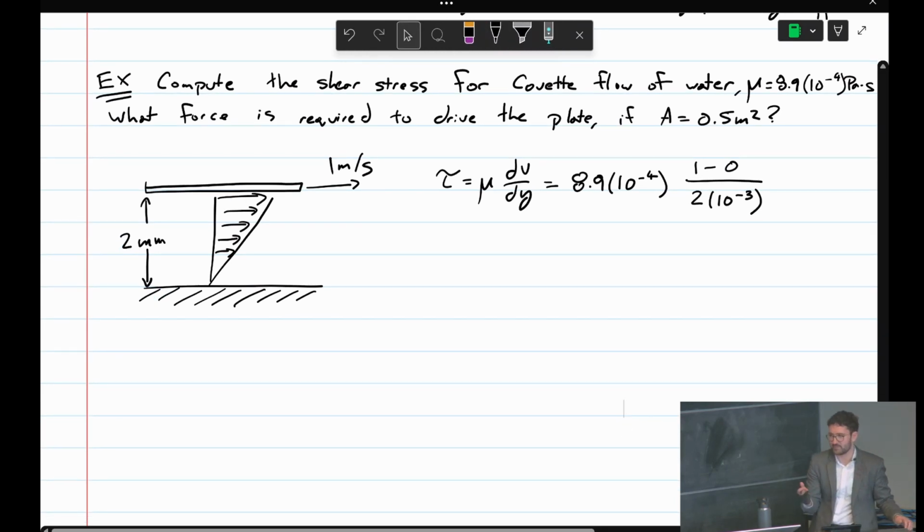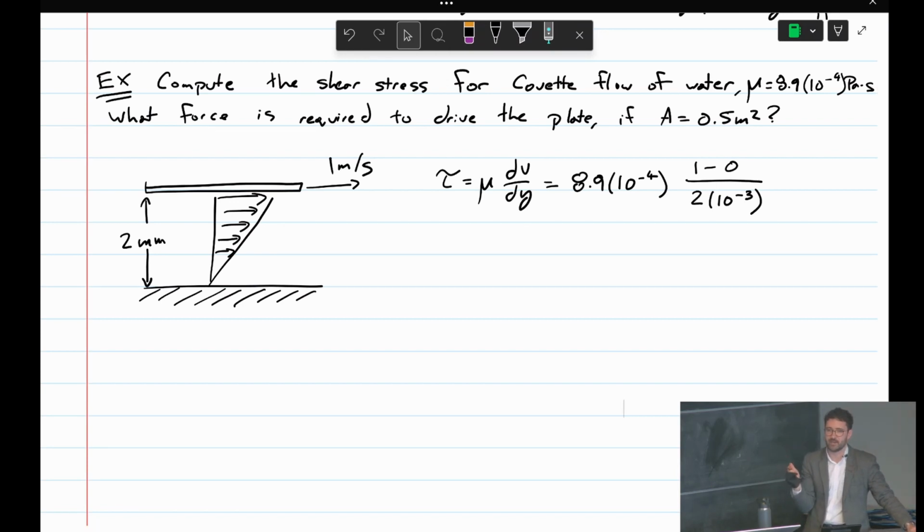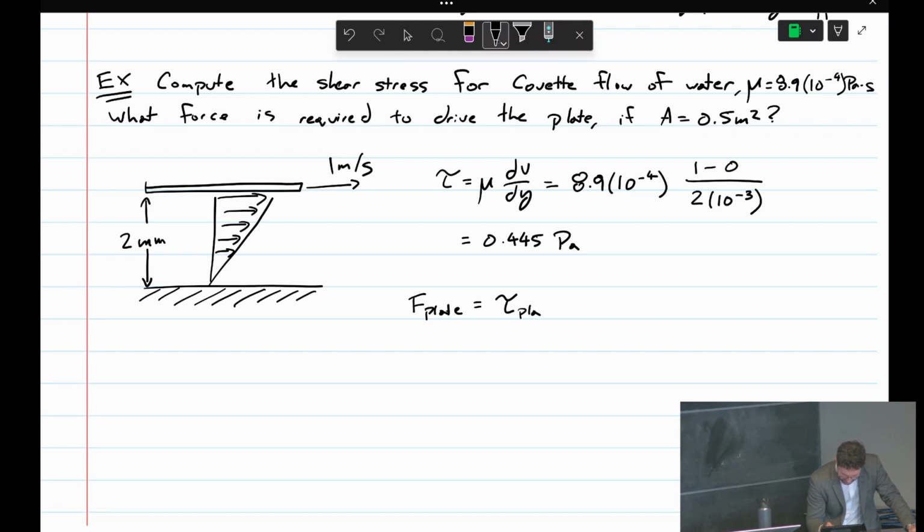Since it's linear, we can just do change in velocity over change in height for du dy. That gives us a shear stress of 0.445 Pascals. And the force on that plate is tau plate times the area. If we assume the linear velocity profile, we get a constant shear stress along that profile.